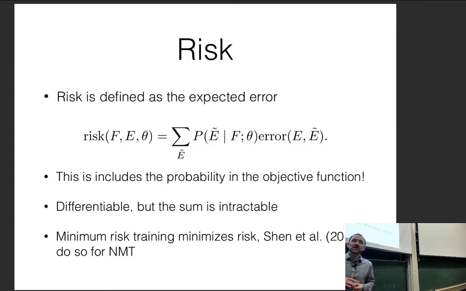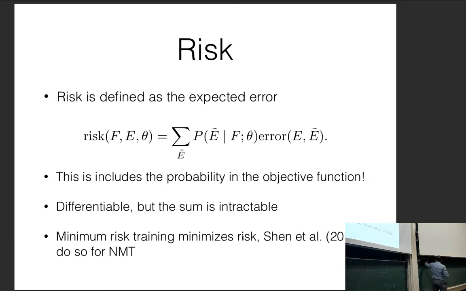So what if you set the error function to be 0 most of the time and 1 in some particular cases? Any ideas? No? Maybe I'm phrasing this quiz so it's too hard.